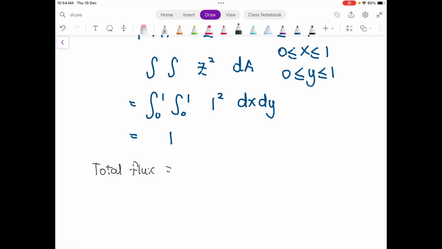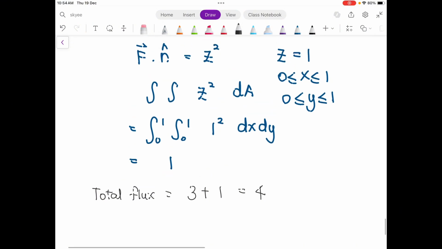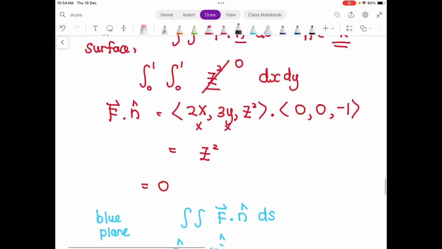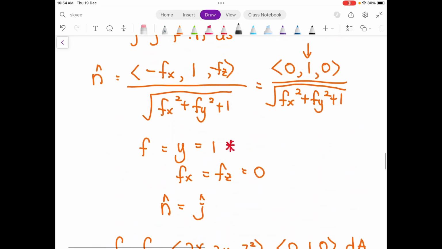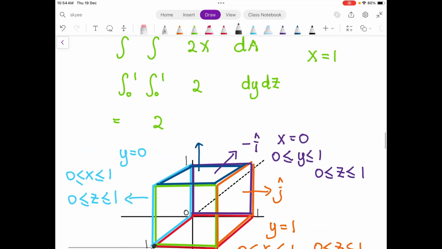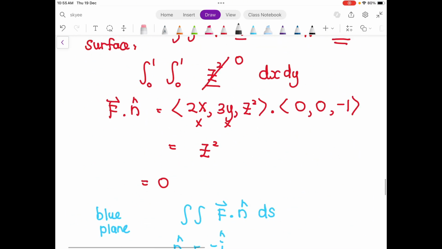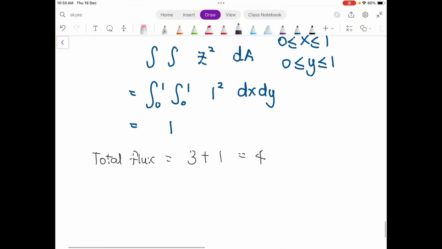So it's 3 plus 1 equals 4. Oh yeah, I still got 2 here. So it will be equal to 6. So this is the total flux coming out from the cube.